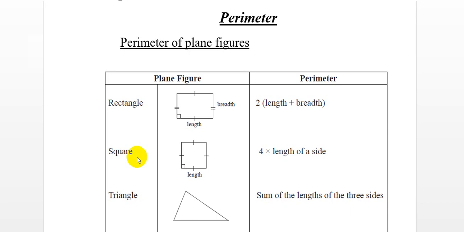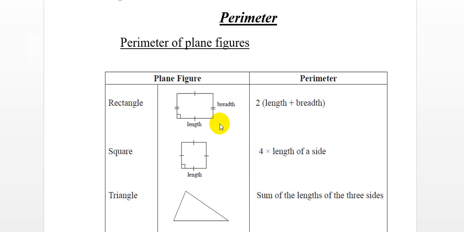So in order to calculate the perimeter, we take the summation of all the sides. For example, if you take the plane figure rectangle, it consists of four sides, as you can see in the figure. It has a length and a breadth. So you can add all four sides of the rectangle and calculate the perimeter of that particular rectangle.